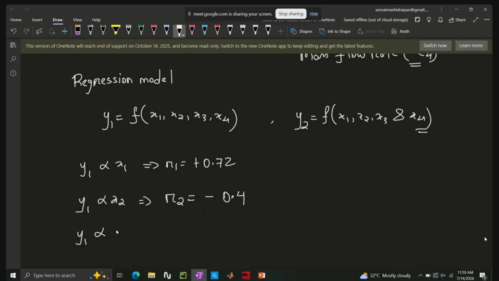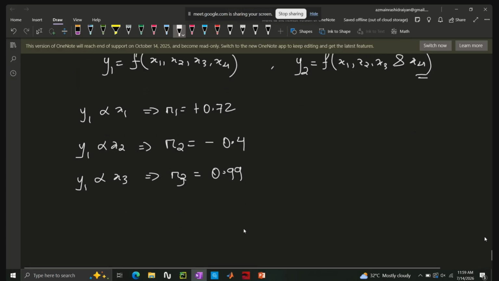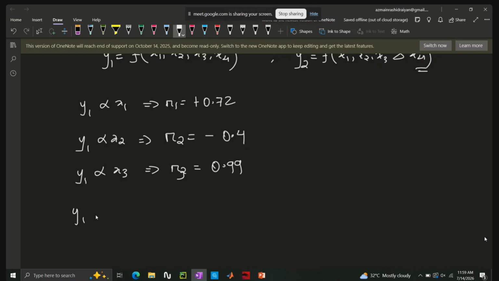When you are correlating y1 and x3, you might have got a correlation coefficient of, let's say, 0.99. Again, correlating y1 with x4, you are getting, let's say, minus 0.64.